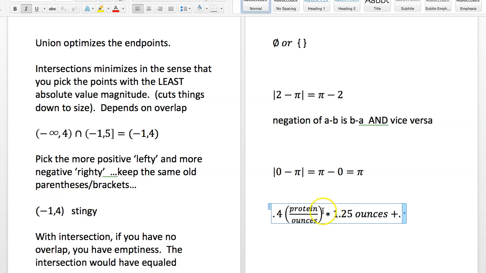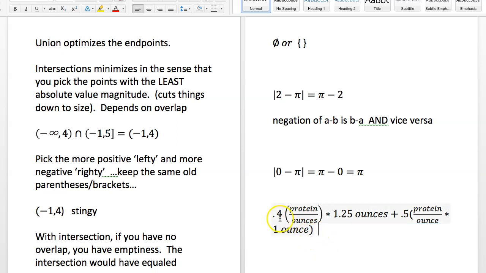Now this takes care of the tuna. Now the salmon is just 0.5 protein per ounce. The hard part to understand was the protein per ounce for the tuna, protein per ounce times 1 ounce.